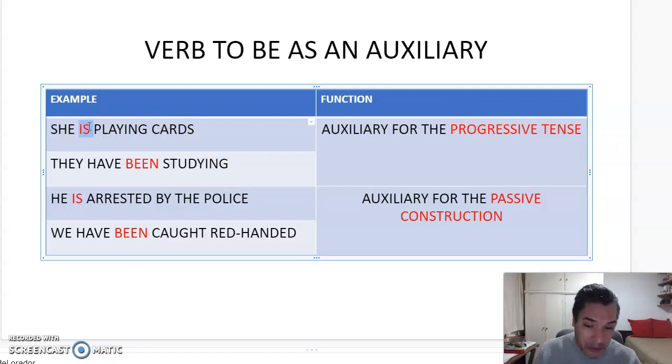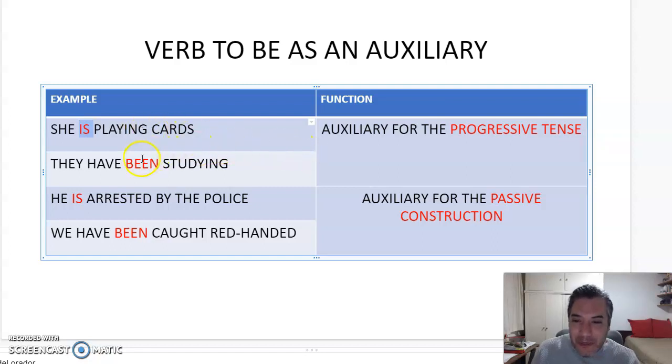Why do they do that? Because it's auxiliary. Okay, it's an auxiliary. It's not transferring meaning. What is important is playing, because playing it's the meaning. What's she doing? Playing. Okay.